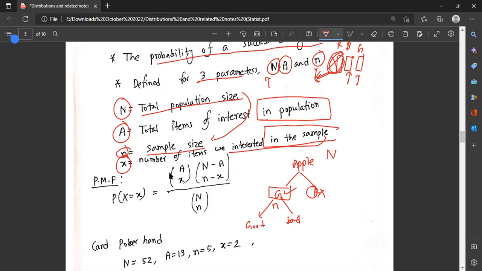So this way. So the PMF, or probability mass function, will be P of X equal x. So we take some sample from the total interested items of the population, times N minus a choose n minus x, divided by N choose n, okay?